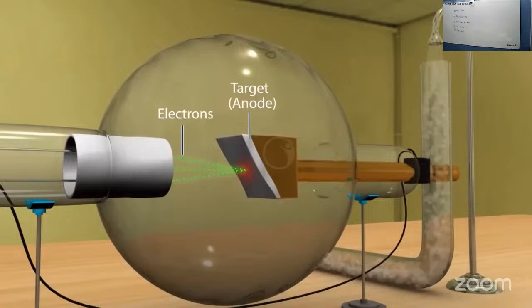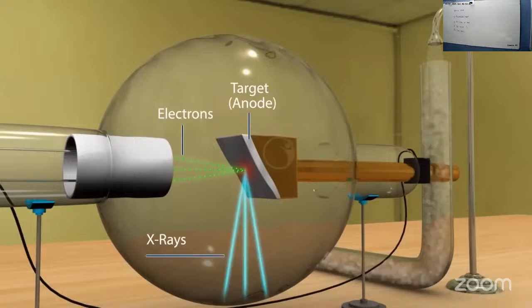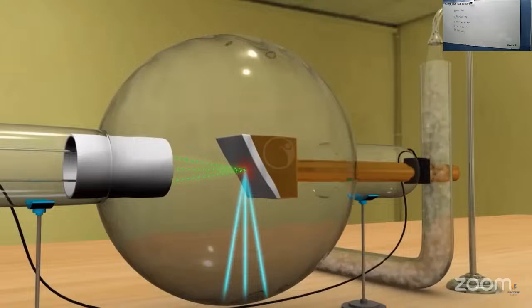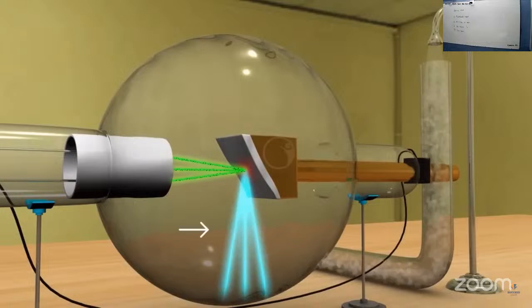When they hit, the kinetic energy is transferred to produce X-rays. The intensity of the X-rays depends on the number of electrons striking the metal target. So, if we increase the rate of electrons emitted by the filament by increasing the current flowing through the filament, then we can increase the intensity of the X-rays.